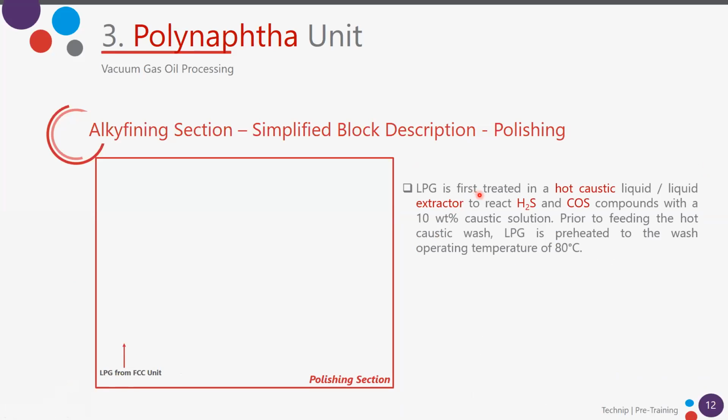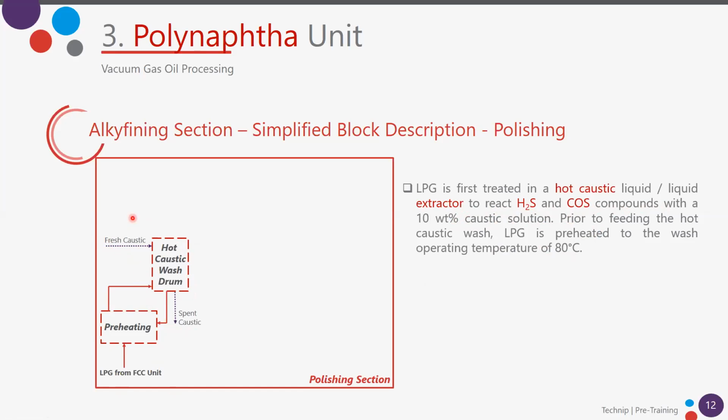LPG is first treated in a hot caustic liquid extractor to react H2S and COS compounds with a 10% caustic solution. First, we will have to increase the temperature. So we will preheat up to 80 degrees C, and then we will go through this to the hot caustic wash drum. Okay, we will use fresh caustic.